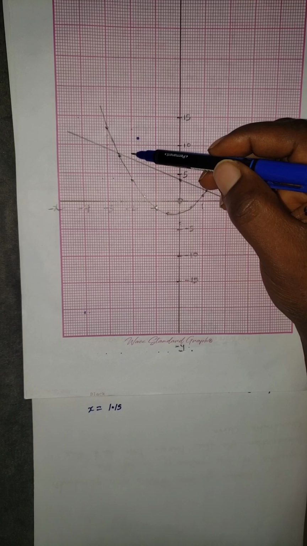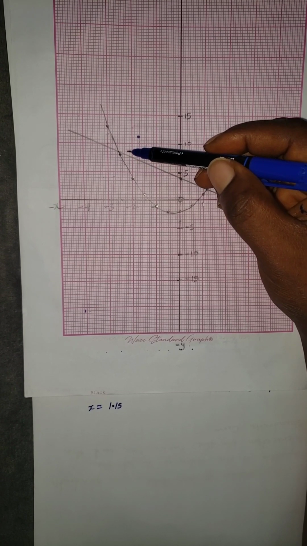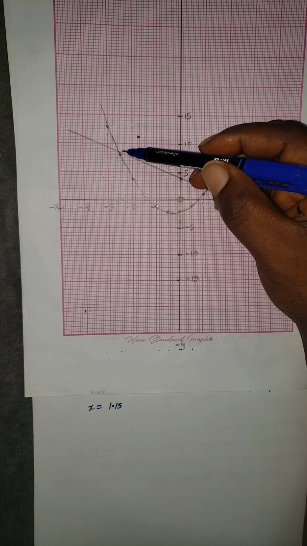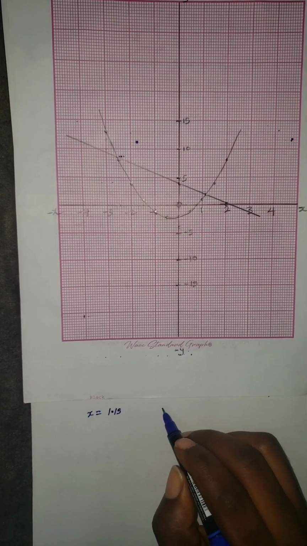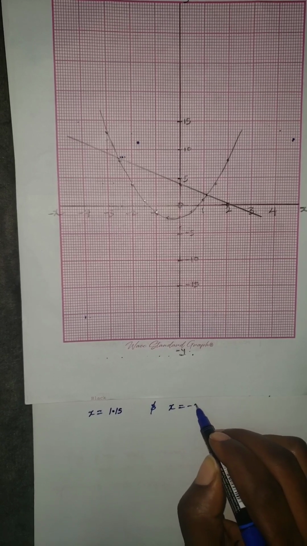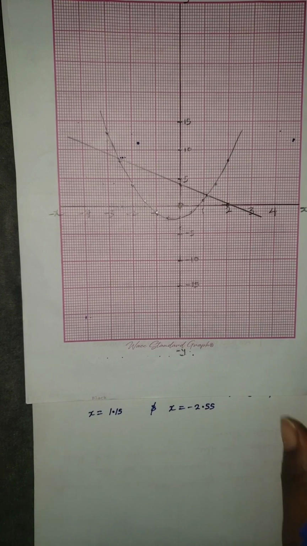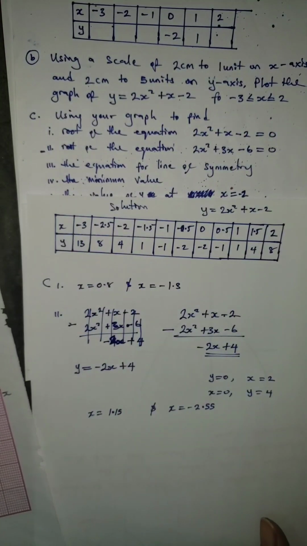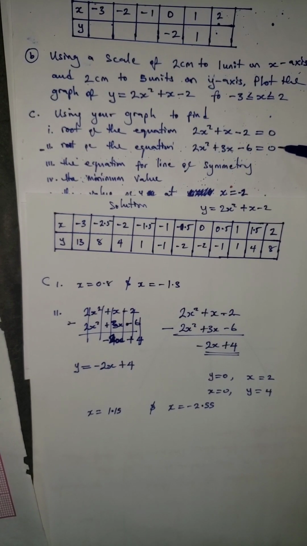Let's count: minus 2, minus 2.1, minus 2.2, minus 2.3, minus 2.4, minus 2.5, between minus 2.5 and minus 2.6. So we can take it as minus 2.55. So that's the solution of that simultaneous equation, one linear, one quadratic.